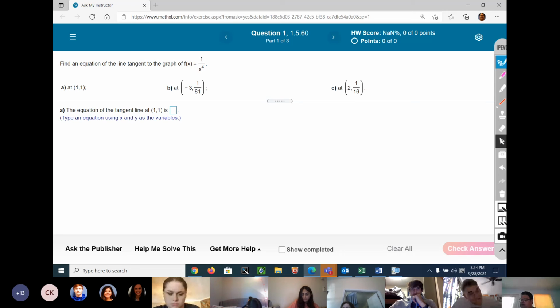F of x is equal to 1 over x to the 4th, and a is 1, 1, b is -3, 1/81, and c is 2, 1/16.